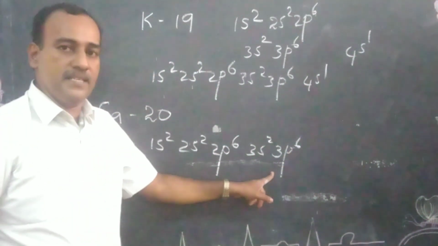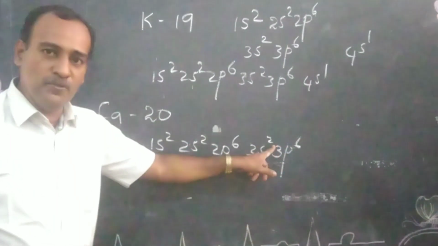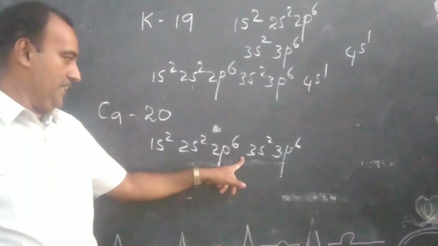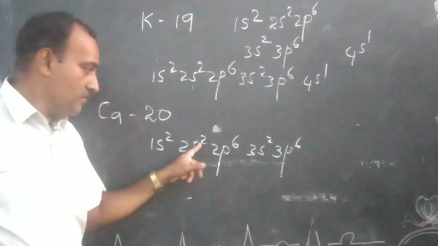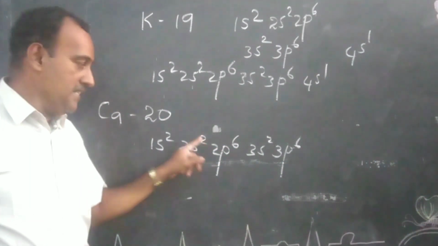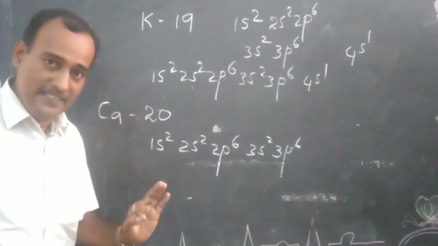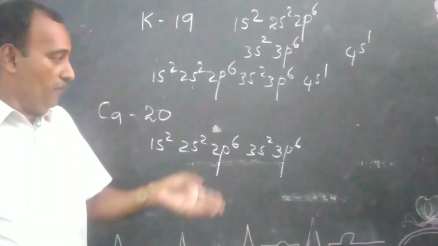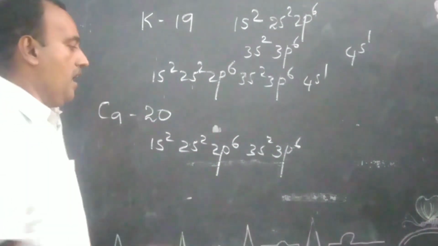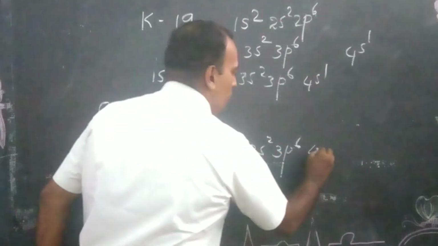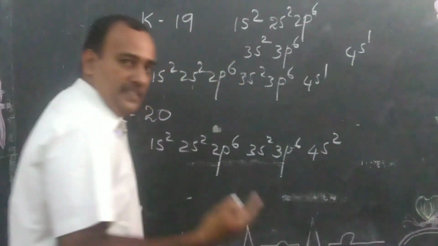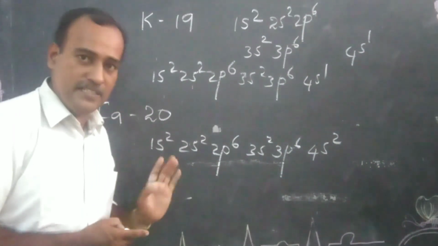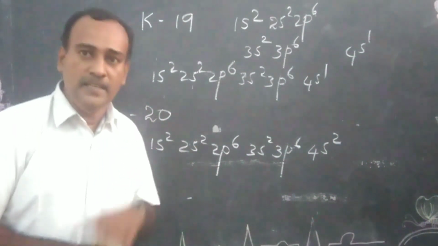After 3p6: 6 plus 2 is 8, 8 plus 6 is 14, 14 plus 2 is 16, 16 plus 2 is 18. How many electrons are remaining? Only 2 electrons. Where can the 2 electrons go? After 3p, 4s2. This is the electronic configuration of calcium.